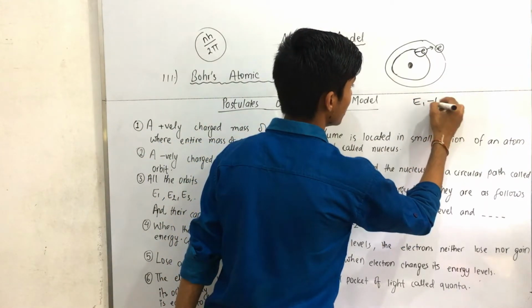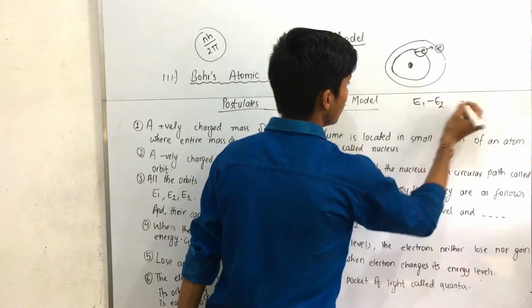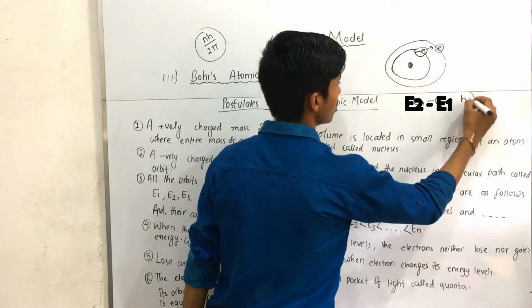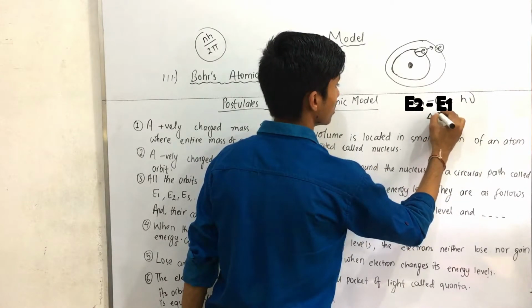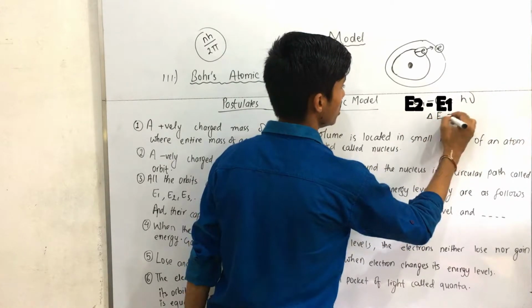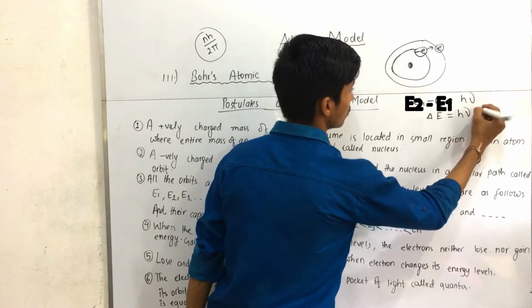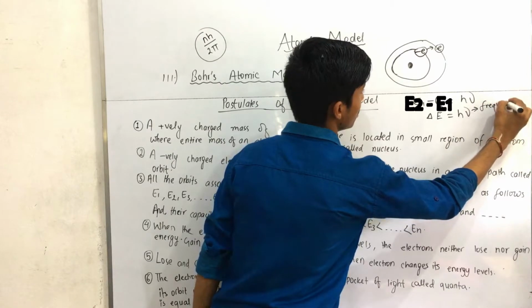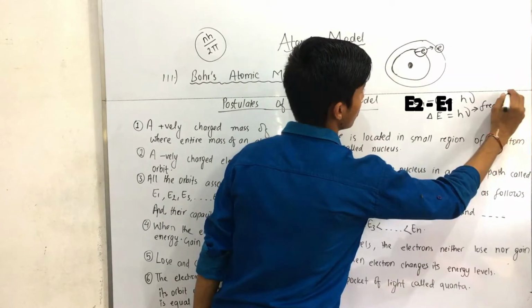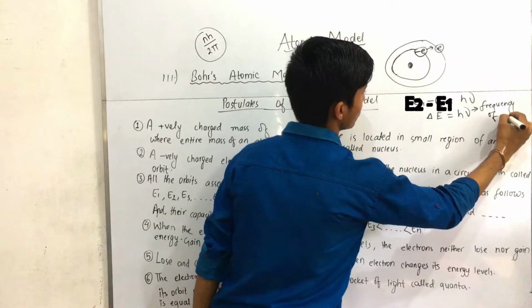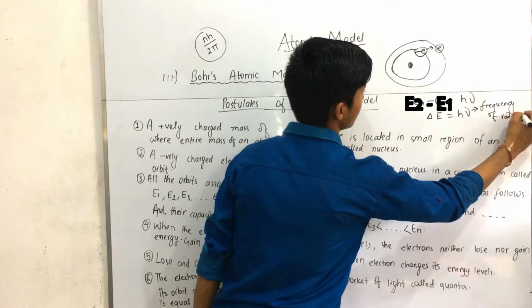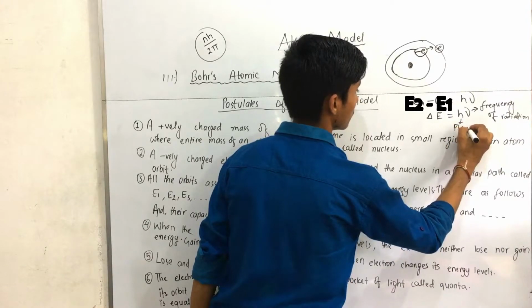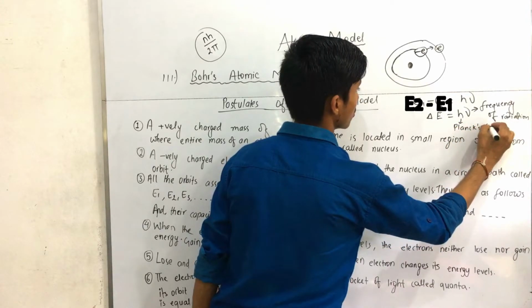we can write here E1 minus E2 is equal to h nu. We can write here delta E is equal to h nu, where nu is the frequency of radiation and h is Planck's constant.